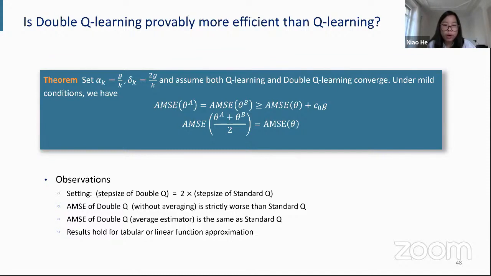So if you choose the step size to be twice as large as standard Q-learning, then that is a fair comparison, in the sense that this guarantees at least the same transient behavior among those two systems with the same convergence rate. And then it makes sense to compare their covariances and asymptotic mean square error.